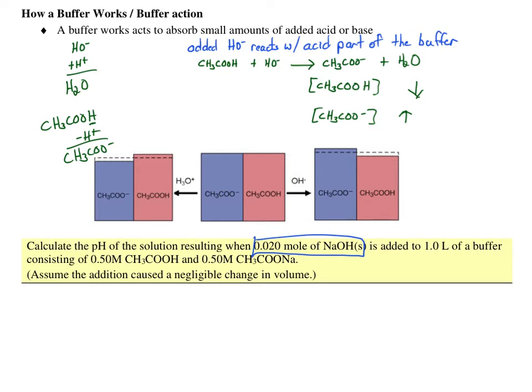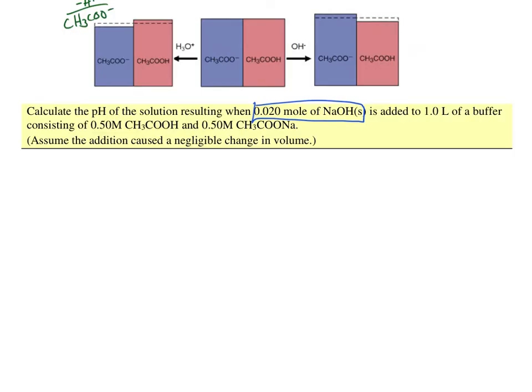Now we're going to consider the quantitative aspect. This is a buffer, so we're going to use the Henderson-Hasselbalch equation. We know the initial concentrations of the conjugate acid-base pair, but we don't know the concentrations after the hydroxide has been absorbed.